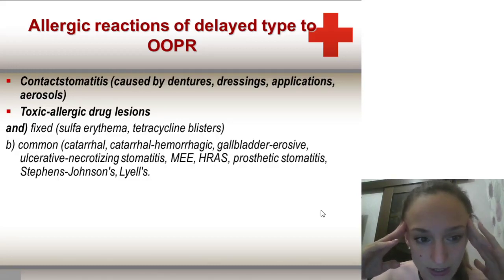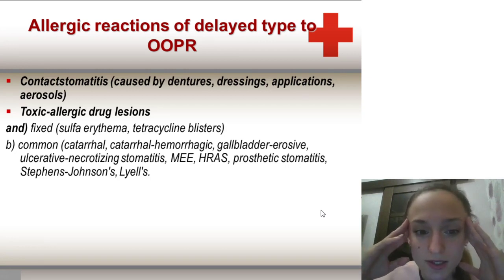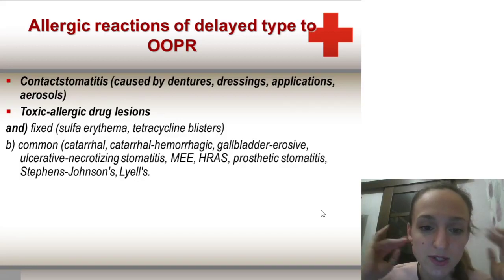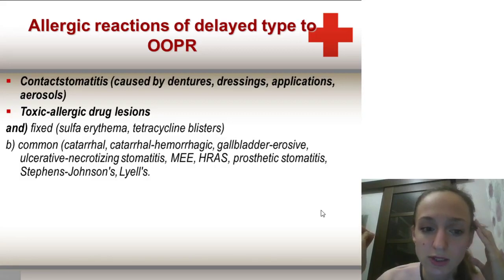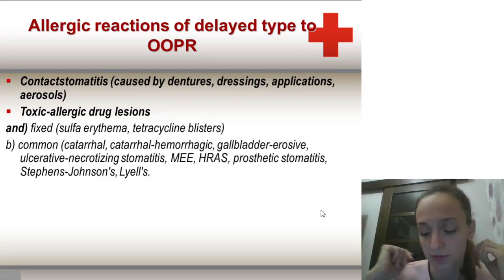Toxic allergic drug lesions include sulfur edema, tetracycline blisters, hemorrhagic, erosive, ulcerative, necrotizing stomatitis, and different syndromes.